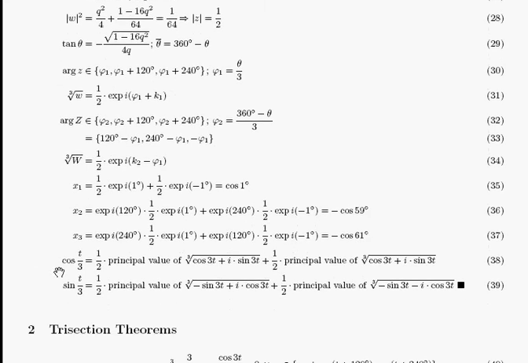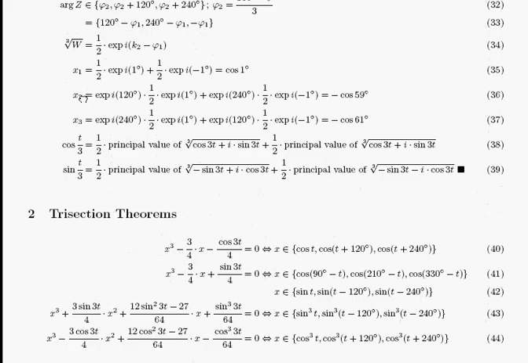This is casus irreducibilis. We have two equations of third degree. We have solutions that are the three cosines. Solutions that are the three sines.